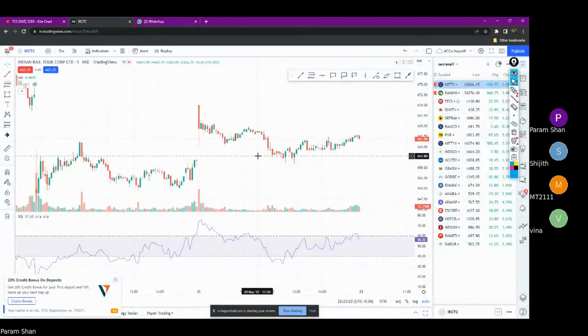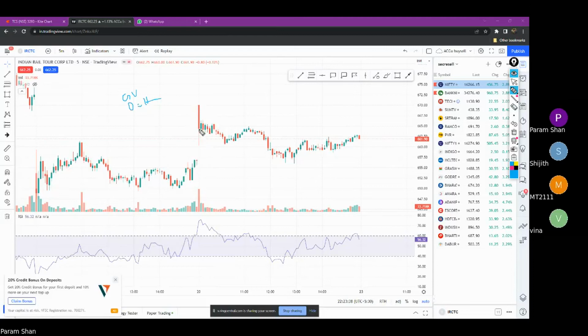So IRCTC, again, let us apply the same rule that we kept for RSI. It was a gap up, the first rule. The second thing came up: open is equal to high. But when I'm looking at the candle, the pressure on the seller side is more than the buyer side. This is more than 50%, the seller is occupying more.